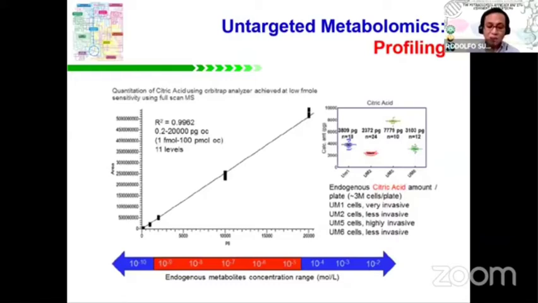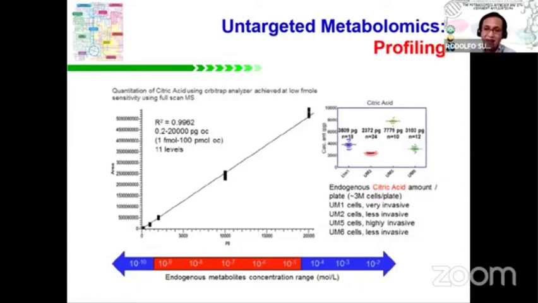And this is particularly important in the detection and identification of low abundance metabolites such as citric acid. Actually, citric acid has been widely used for the establishment of metastatic cells. These are cells derived from human, I'm trying to recall, human tongue squamous cell carcinoma.